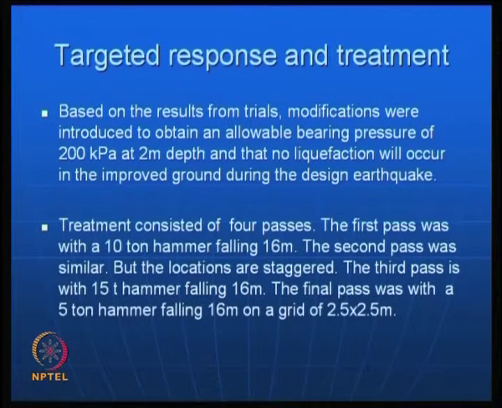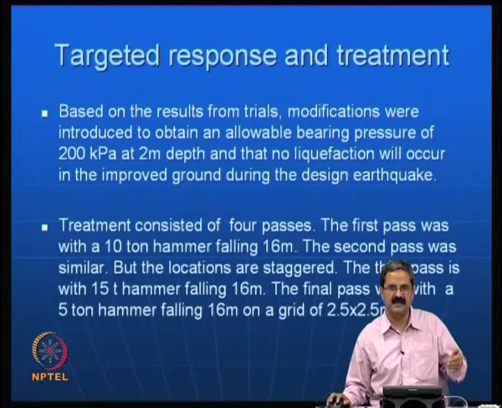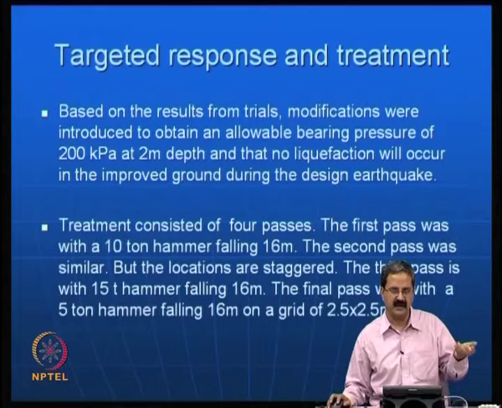So there are some criteria one needs to fix for the particular site. We know how to conduct an SPT test, and we know there are so many corrections in the SPT test. So one should get the correct number, a design SPT value, and then correct it for the energy, like 0.65 or 65% efficiency and all that.